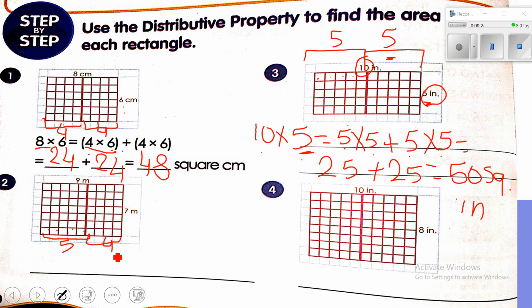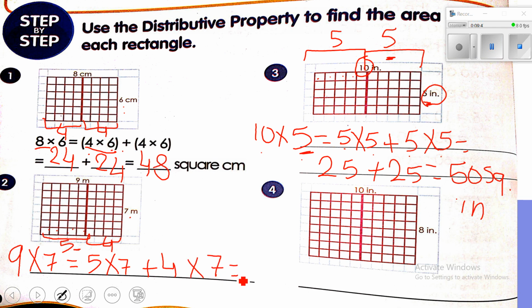Here, the first is 9 multiplied by 7 equals. I write the two parts. The first part is 5 multiplied by 7, distributive property, plus 4 multiplied by 7 equals.